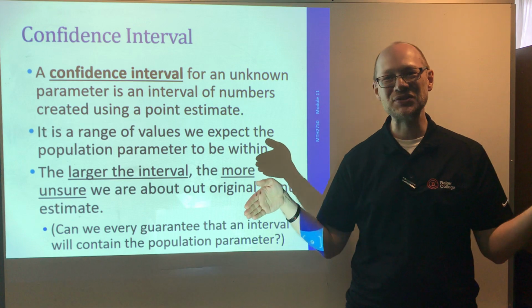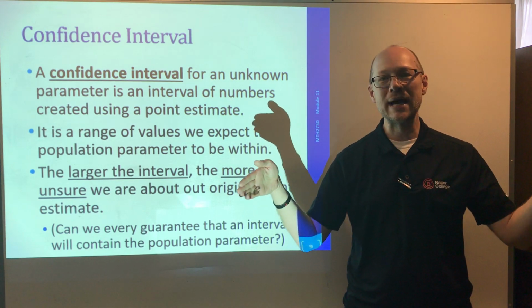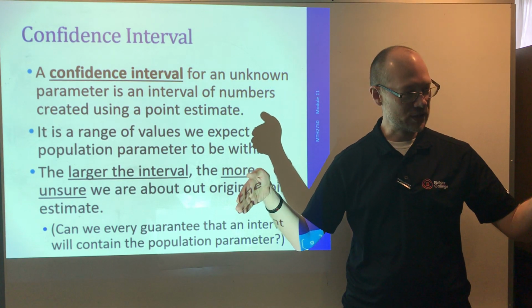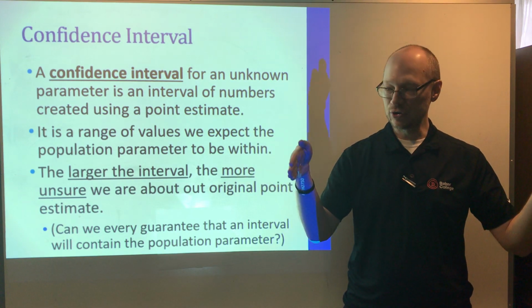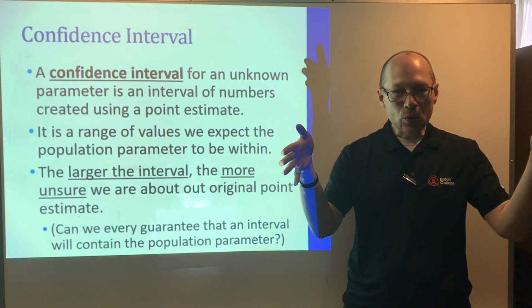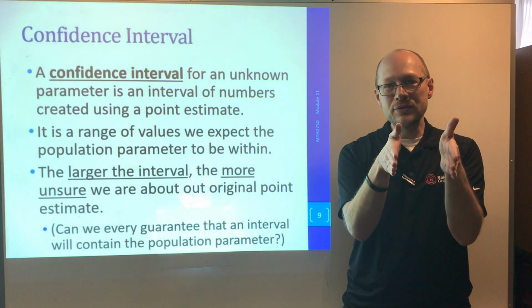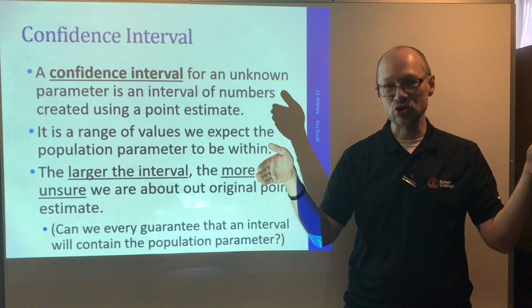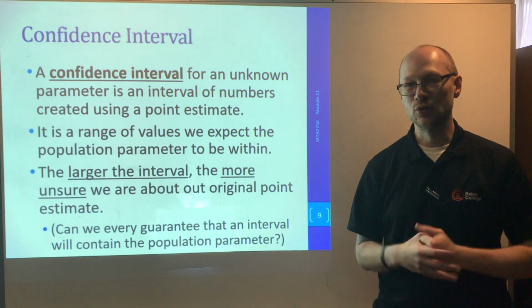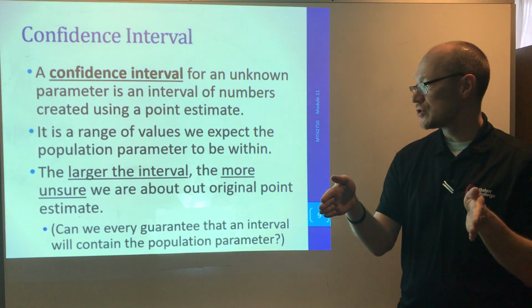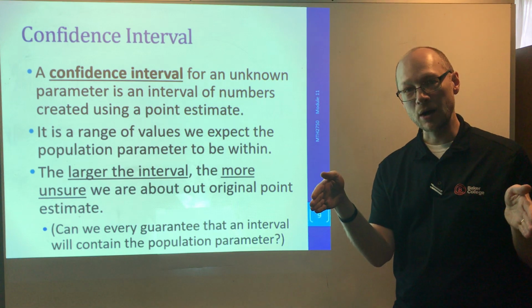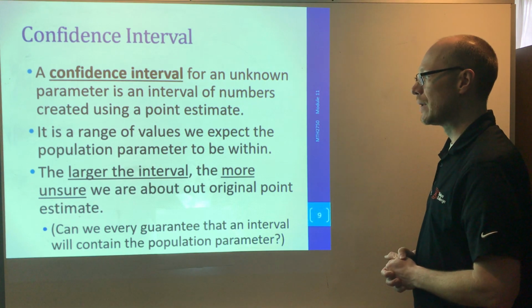Well, that's silly, right? Can I narrow it down from 1 to 100? How about 0 to 100? How about 1 to 99? How about 2 to 98? How narrow can I make this while still being relatively sure that I've got the real proportion in there? But again, the larger the interval, the more unsure we are about the true parameter.